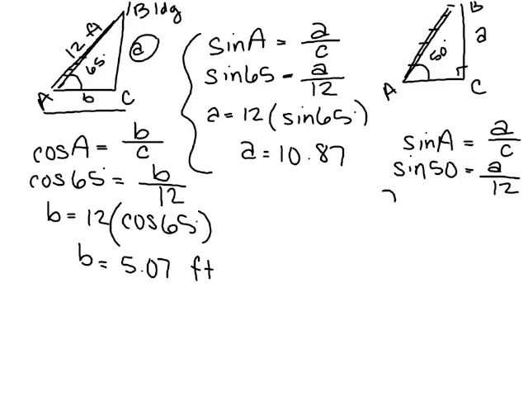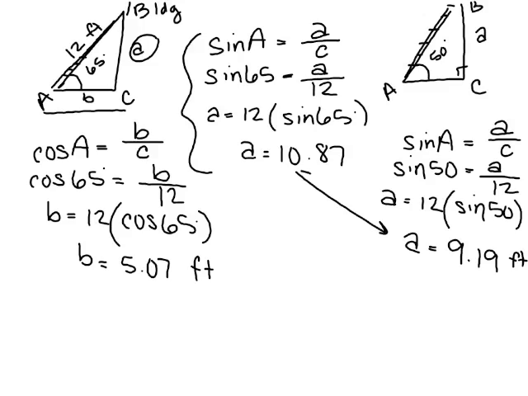Get A alone. 12 times sine of 50. 50 sine times 12 equals 9.19. So he'll only reach 9.19 feet up the house instead of 10.87 feet. Lost about 1.5 feet.